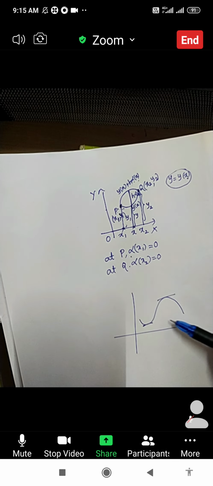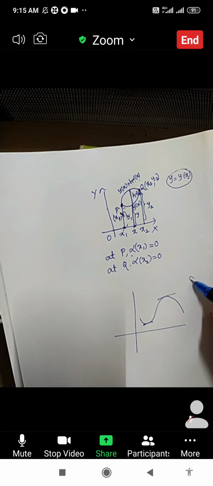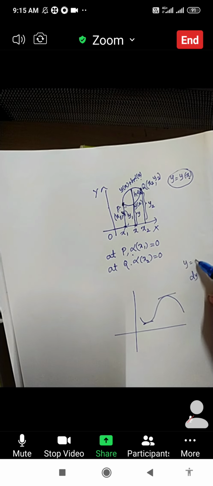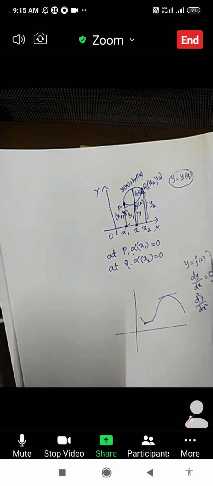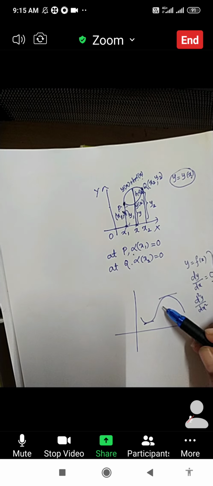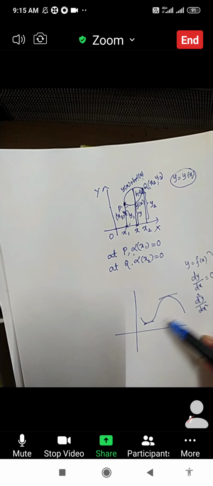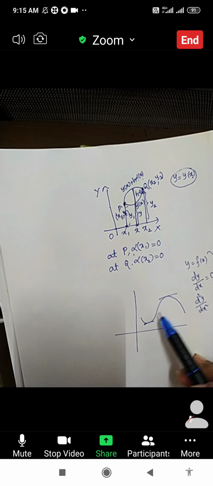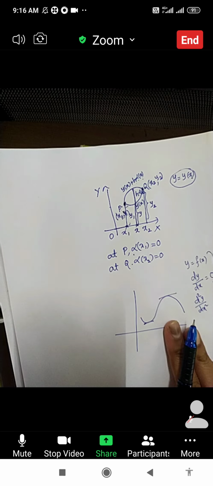This is geometrically. Theoretically, we have a concept: if y is a function of x, we differentiate with respect to x, the first order derivative should be 0, then we see the second order derivative. This is the theoretical procedure, and what I am saying here is the geometrical part. If you draw geometrically, you can clearly see maxima and minima for the curves.